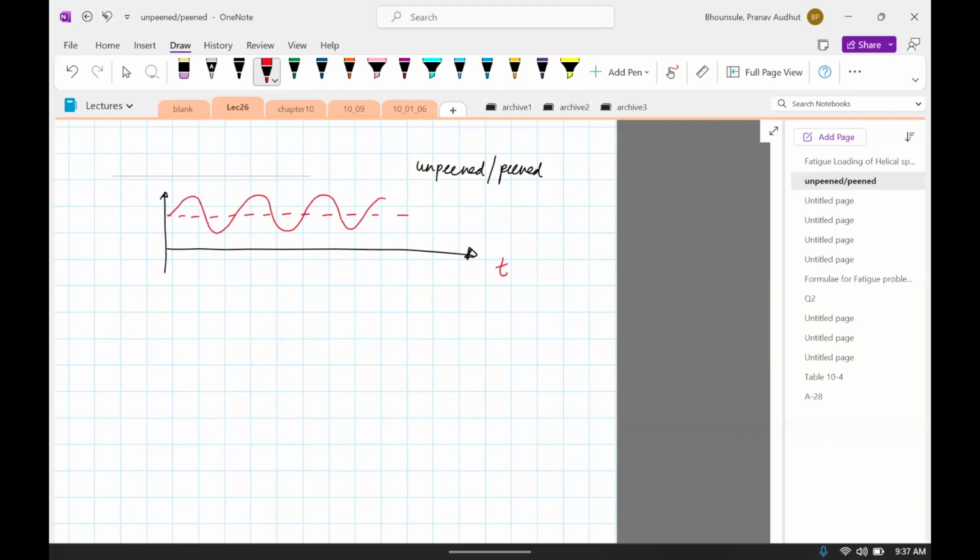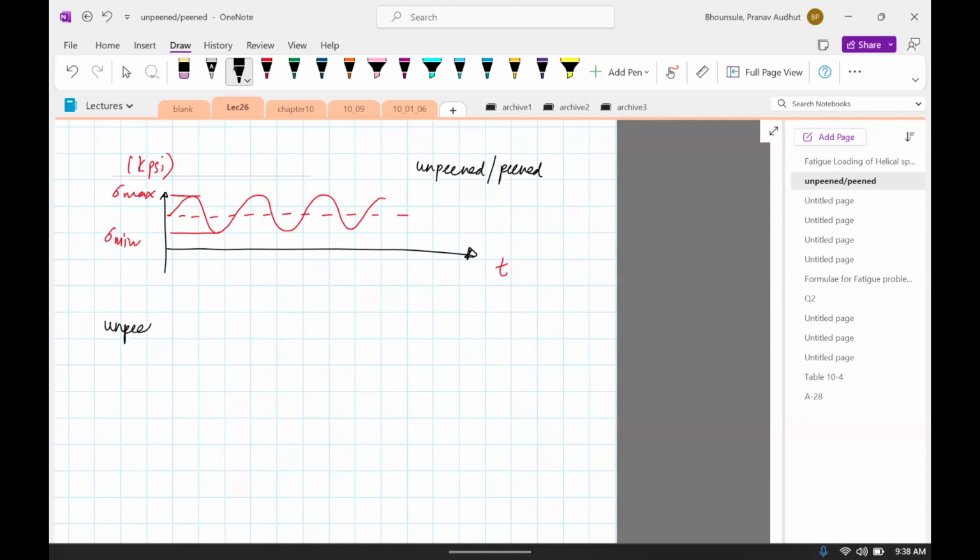So this is a function of time. This is going to be sigma max, sigma min, in units of kpsi. And he actually used very specific values for these.